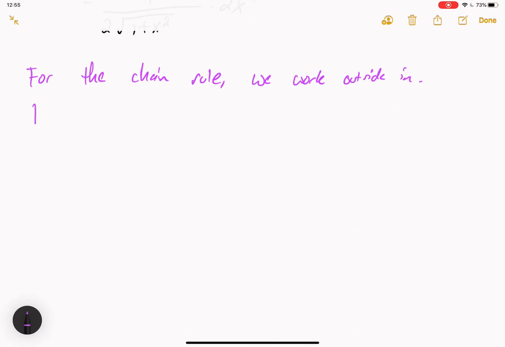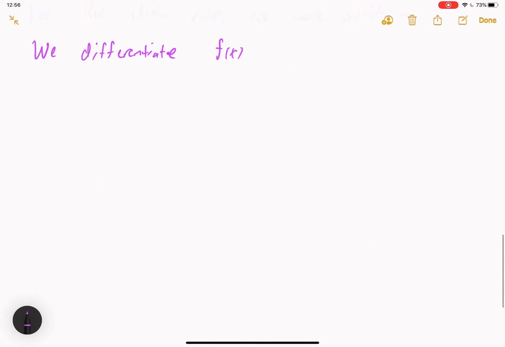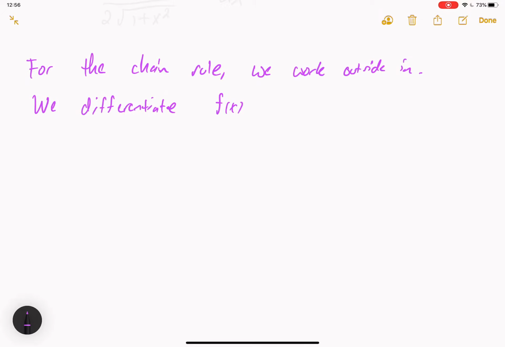So, we differentiate f of x, so that way we get f prime of x. And we evaluate it at g of x. And then multiply by the derivative of g of x.